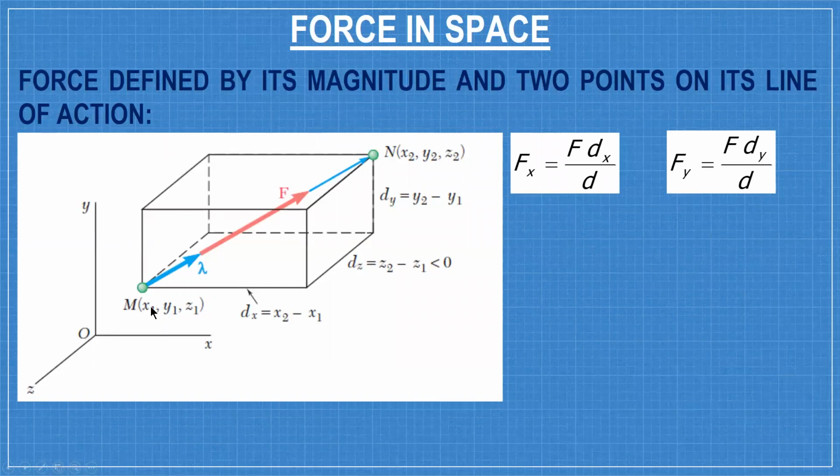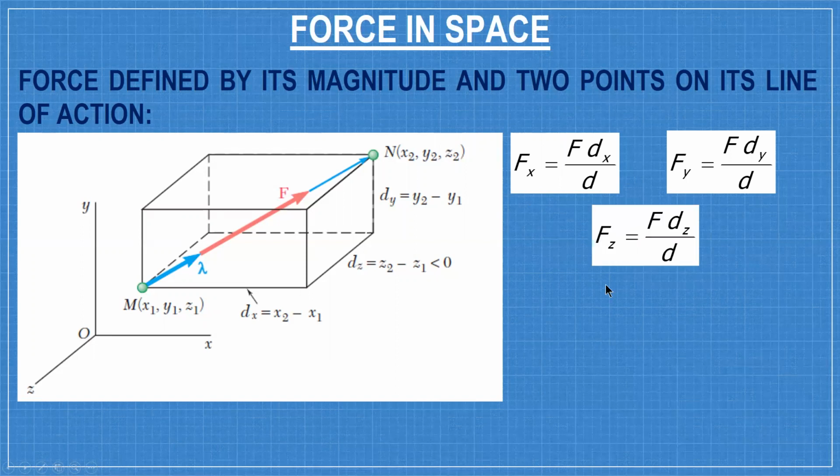So, if the two points with coordinates are given, you can get dx, dy, and dz. The d is also the magnitude, the distance between 2 points in space, for which we already have a formula. And then if the magnitude of the force is given, you can get the components.